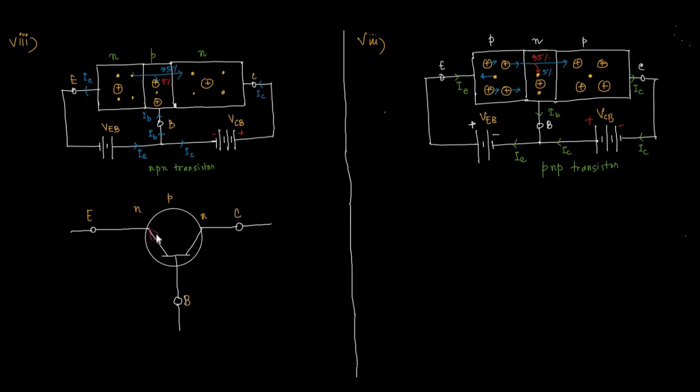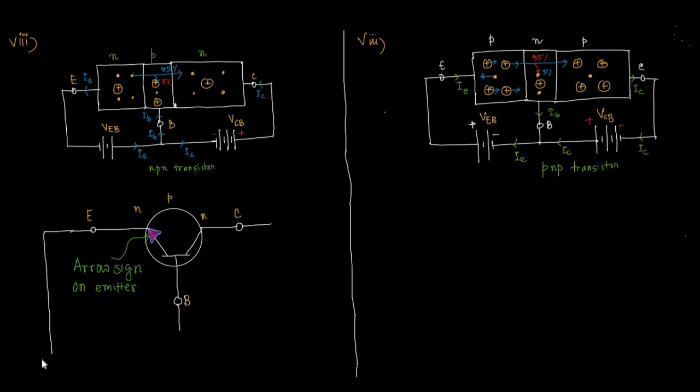An arrow is indicated on the emitter in this way, so that the arrow is moving away from the transistor. This arrow is indicated on the n-type emitter, and for the NPN transistor this arrow is moving away from the emitter.